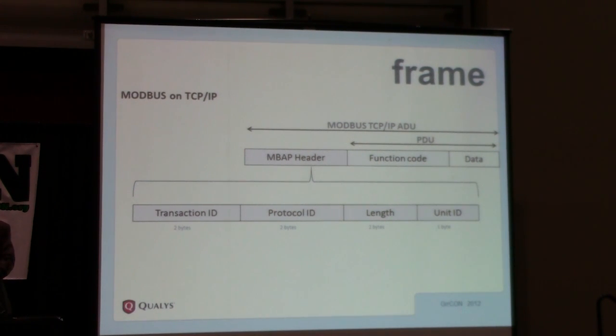The HMI would say, hey, this is transaction number 1, tell me what the pressure is. And the response comes back saying, hey, the question that you asked, which was in transaction number 1, this is the answer for it, and this is the pressure. So the transaction ID is nothing but a unique question number and a unique answer number.